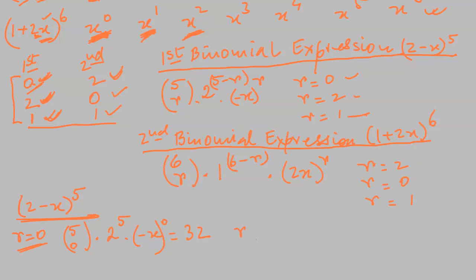When r is equal to 2, it is 5C2, 2 to the power of 5 minus 2, which is 3, and negative x raised to the power of 2. Negative x raised to the power of 2 is x squared. Let us use the calculator to get 5C2, of course it will not be a large number, but let me show you how to get it using the TI Inspire calculator.